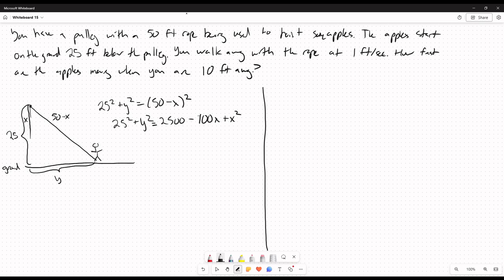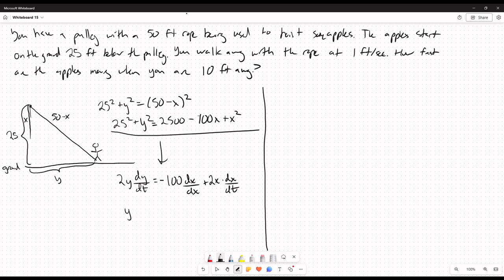So that's my general equation, and now I need to use related rates to take the derivative. So 25 squared is a constant. We'll have 2y dy/dt on the left-hand side. 2500 is a constant, so then my derivative will be negative 100 dx/dt plus 2x dx/dt, using implicit differentiation. We can divide by 2.